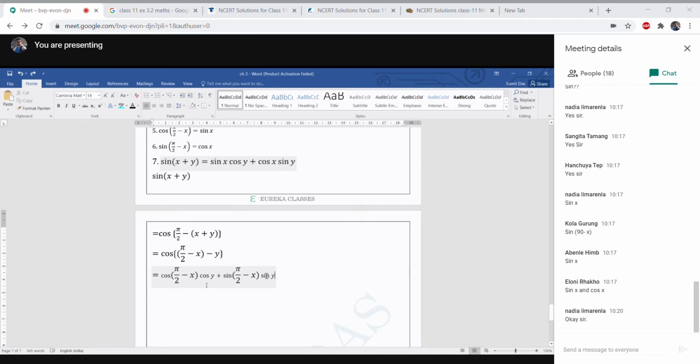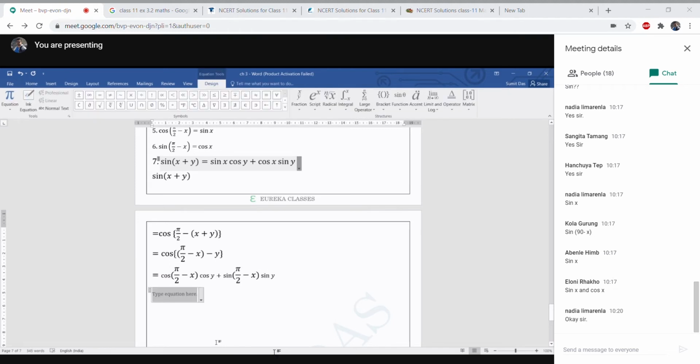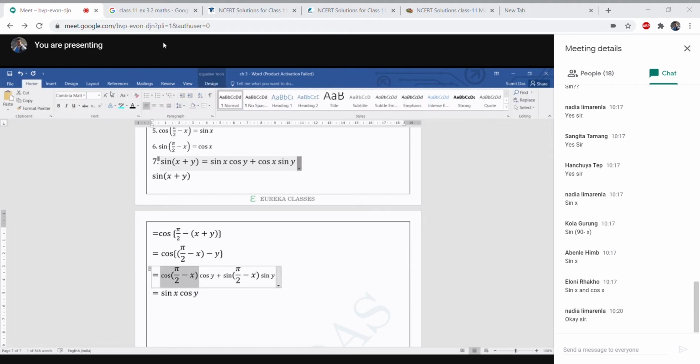So what do we know about cos(pi by 2 minus x)? We know it is sin x, right? And cos y does not change.